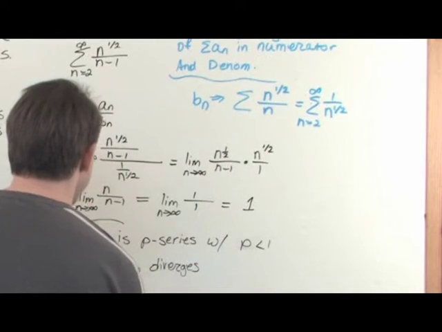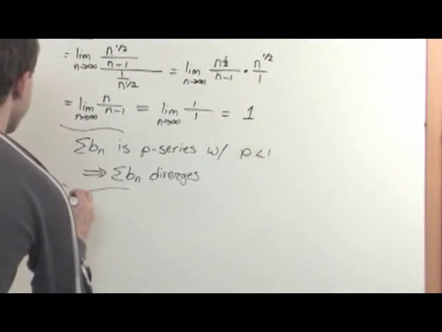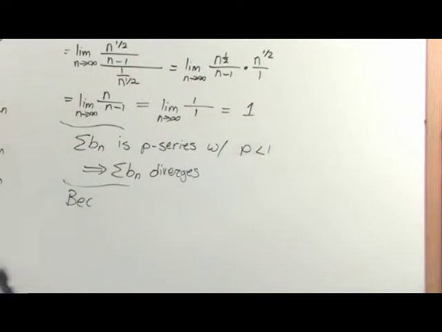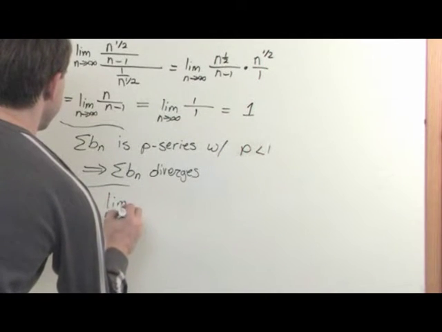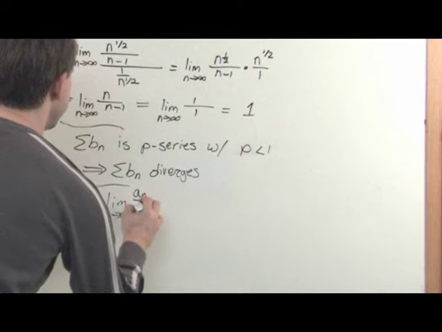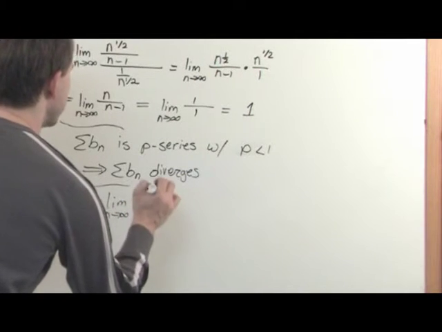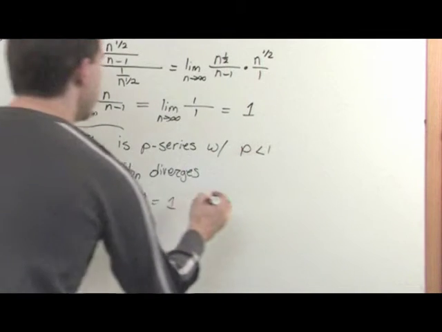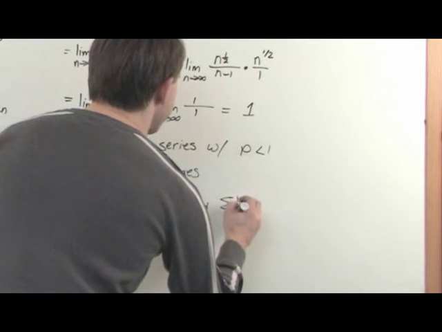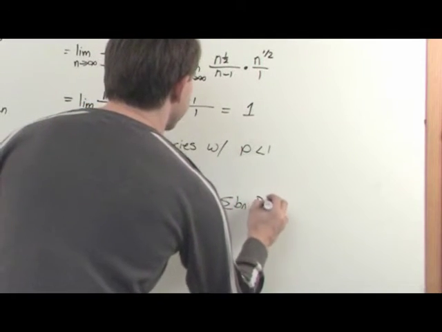So the way I would write it on my test is: the limit as n goes to infinity of a sub n over b sub n was equal to 1, and we found that b sub n diverges.